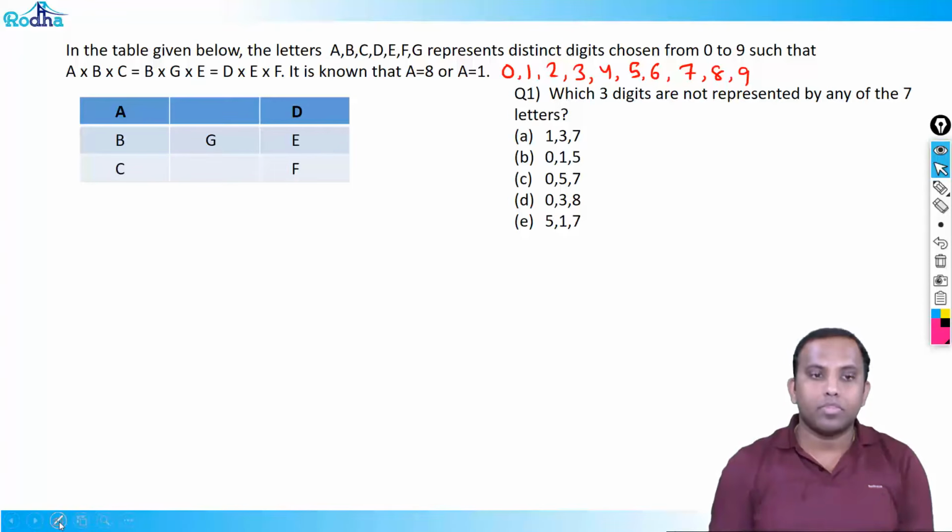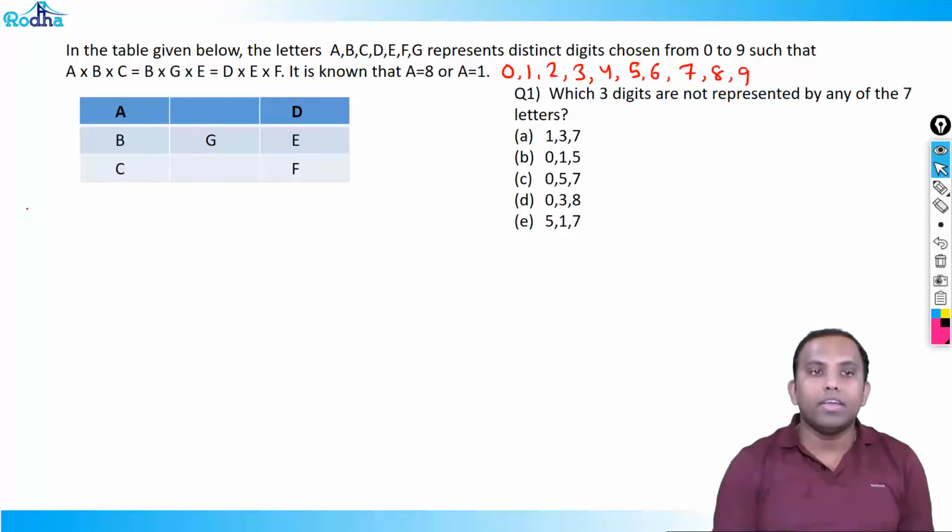The letters A, B, C, G, D, E, F are the 7 letters. So 3 are extra. The first question is which 3 are extra, that means which 3 digits are not represented by any of the 7 letters.